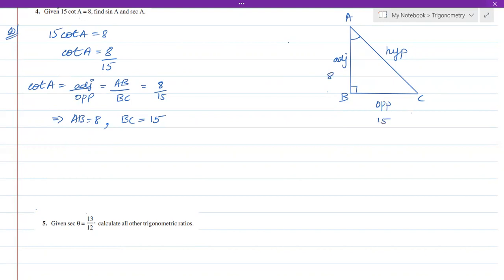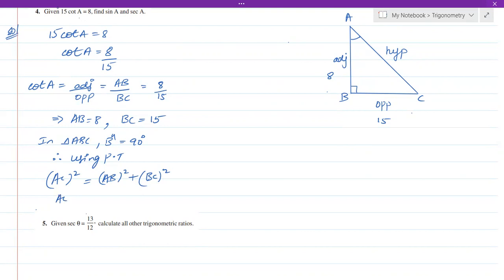So let's find AC using Pythagoras theorem. So in triangle ABC, angle B is 90 degrees. Therefore, using Pythagoras theorem, which is the hypotenuse? AC is the hypotenuse. So hypotenuse square is equal to sum of squares of other two sides, AB square plus BC square. Now what is the value of AC? The value of AC we don't know, we have to find it.